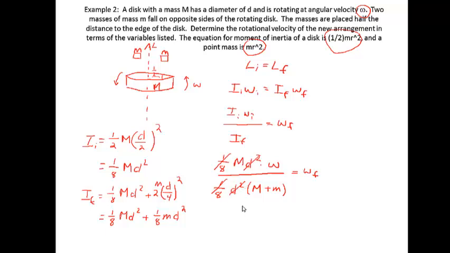And our final formula is capital M over the quantity capital M plus little m, all multiplied by the initial angular velocity, equals omega final. So that would be the new rotational velocity of the disk after these masses fall on top. All right, thank you.